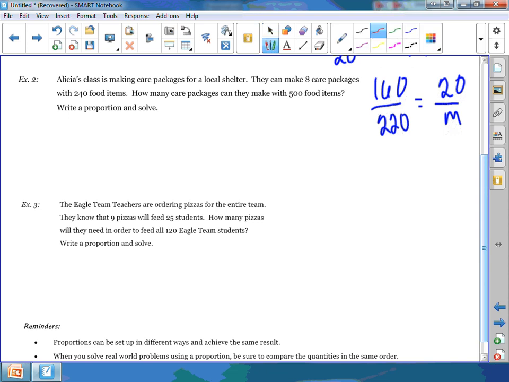Somebody help me out with a proportion here for example 2. The one you used. Good, Sarah. Now, how many of you did the exact same one? I mean, aside from maybe the variable being different. That was pretty common? Okay. Good.